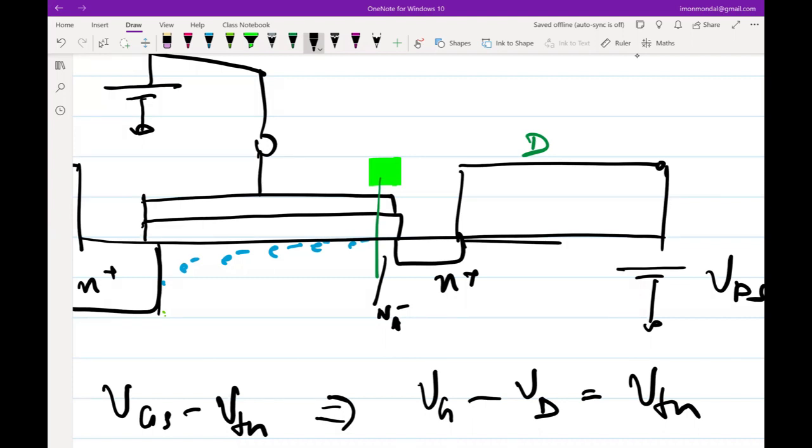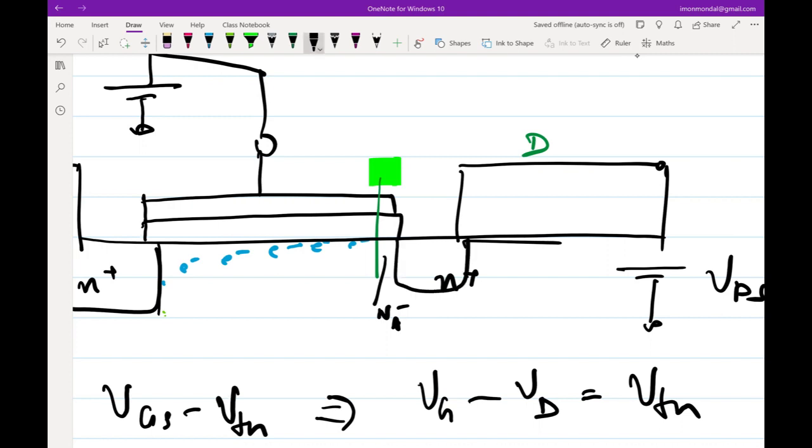You have removed all the mobile carriers, but the NA minus still persists. Since you have NA minus, it's not an electrically neutral region. You have a negative charge, you have an electric field there. And what is the electric field direction? There are no mobile carriers, but there is an electric field.